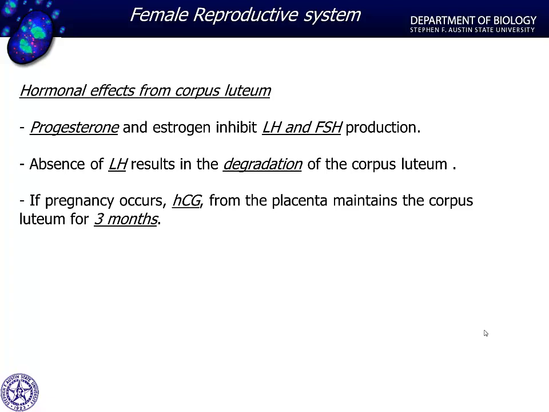The corpus luteum then, in its production of progesterone, is going to inhibit the next menstrual cycle. Within 3 months, the corpus luteum is going to be totally worn out. It's spent. It is going to degrade after 3 months, but now the placenta is a large enough structure that it's going to take over the maintenance of the pregnancy and take over the inhibition of the next menstrual cycle.